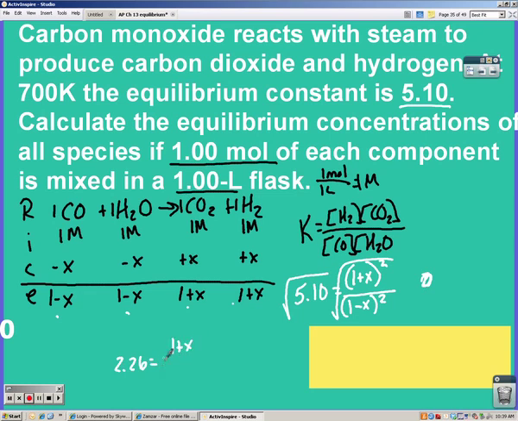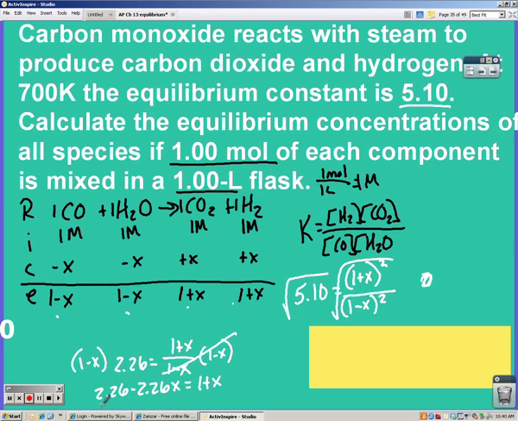So I get 2.26 equals 1 plus x over 1 minus x. Multiply both sides by the bottom, which was 1 minus x. Distribute, so I get 2.26 minus 2.26x is equal to 1 plus x.